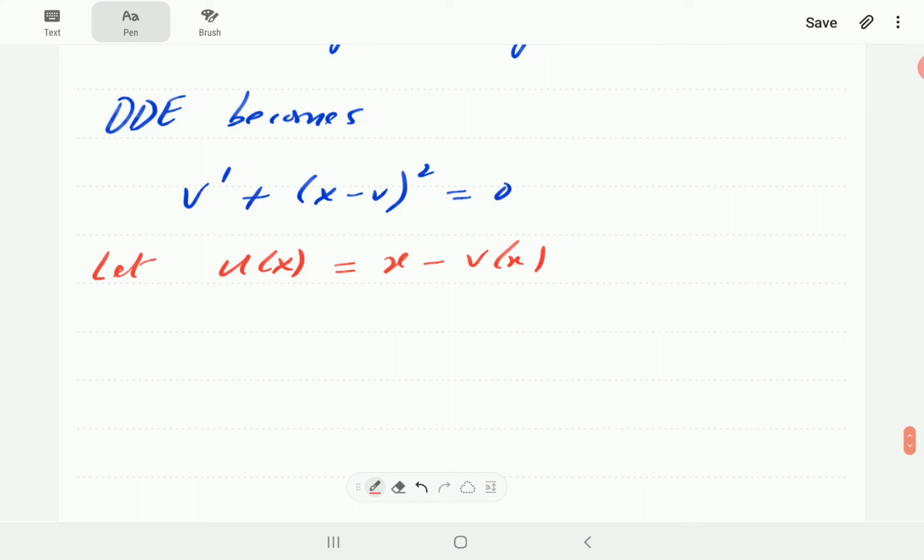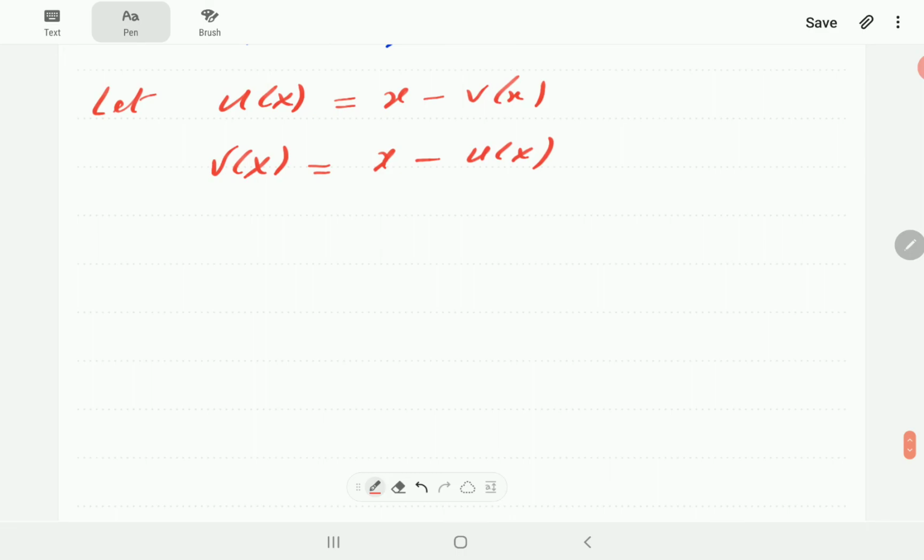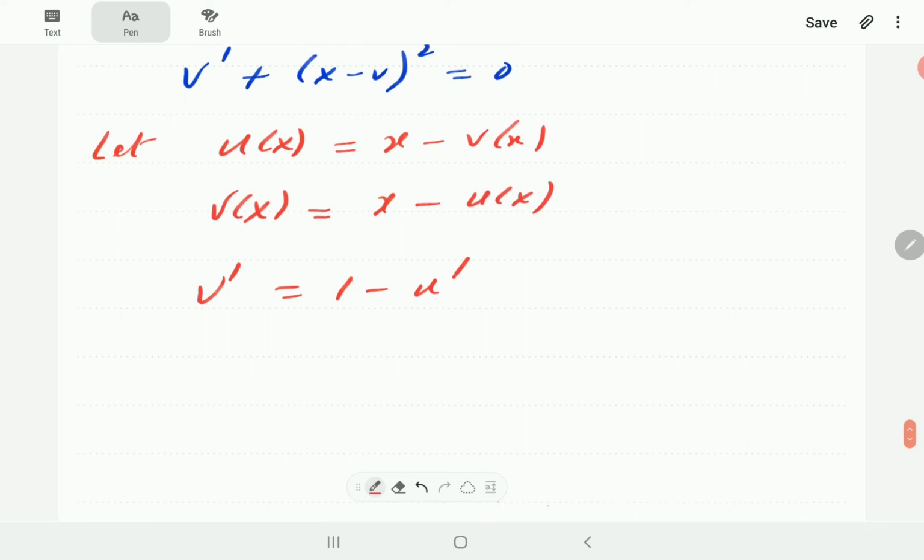Then we need to rewrite v in terms of u. If we make v the subject of the formula, it's going to be x minus u of x. Then if we differentiate both sides with respect to x, v prime is 1 minus u prime.